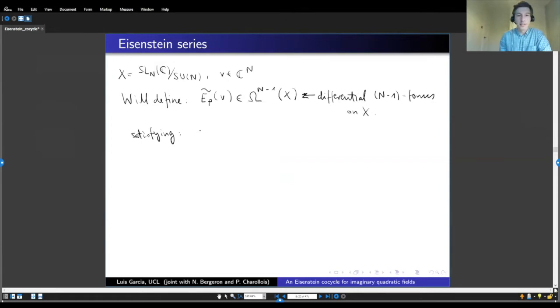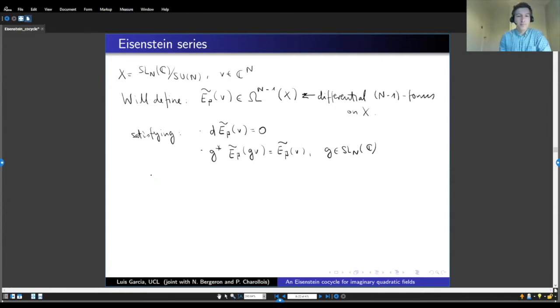And it will satisfy a number of properties. So first of all, it's a closed differential form. Second, it has an equivariance property like this, where g is a matrix in SL_n(C).